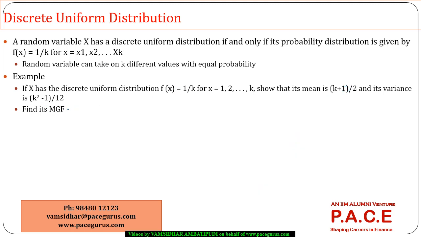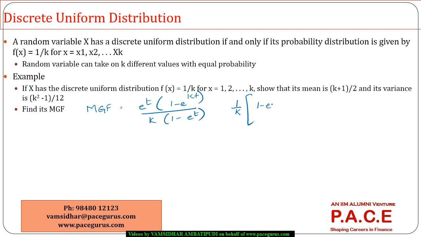So let me take the moment generating function clearly, then we'll do the differentiation. Moment generating function has come out as e to the power of t, 1 minus e to the power of kt, divided by k into 1 minus e to the power of t. Now let me take the derivative with respect to t. So 1 by k first let me take out as a whole constant. So this is the u by v kind of form.